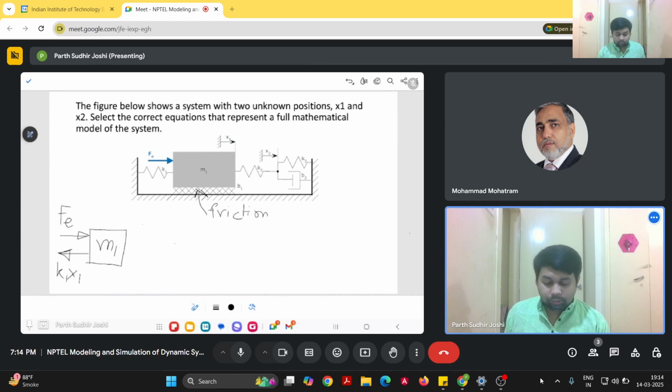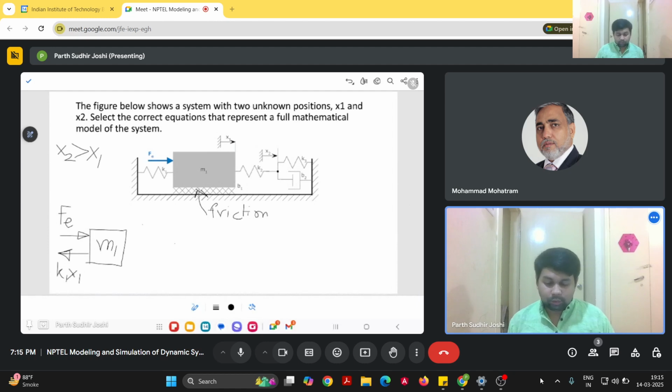Then we have another spring K2 which will again exert some force on this mass. We have to assume a certain direction of this force to write the equations of motion. So let us assume for the particular instant that x2 is greater than x1.